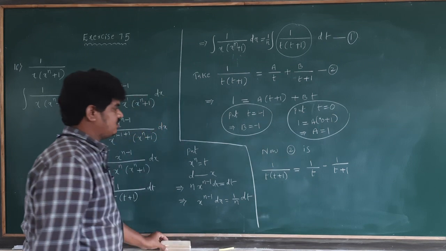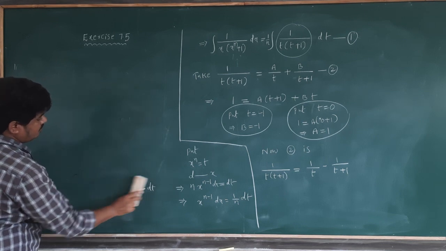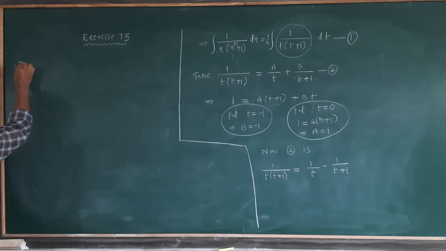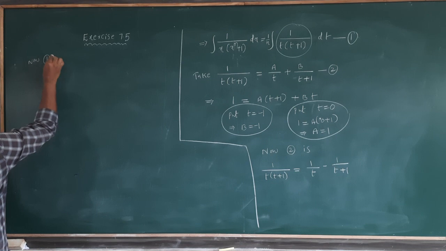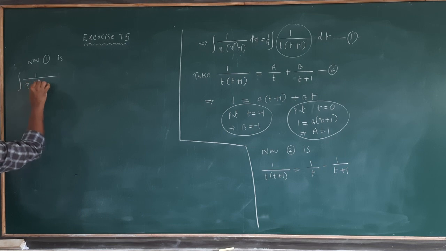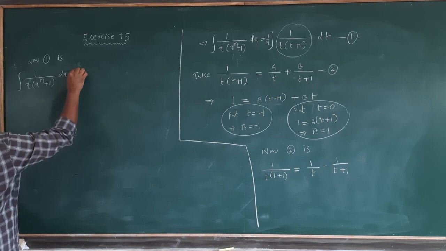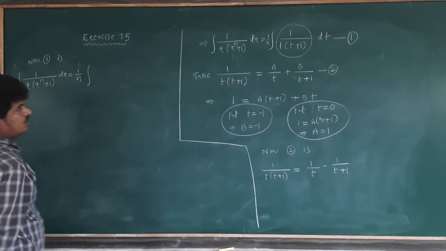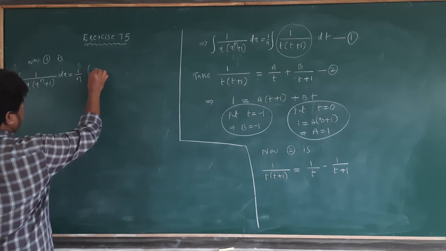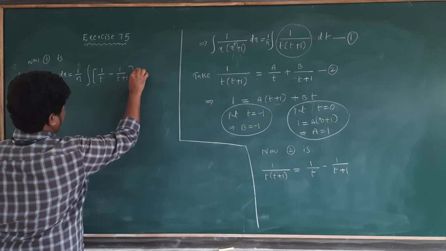Now the integral of 1 divided by x into x to the power of n plus 1 dx equals 1 by n times the integral of 1 by t minus 1 by t plus 1 dt.